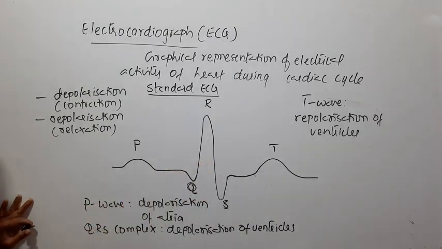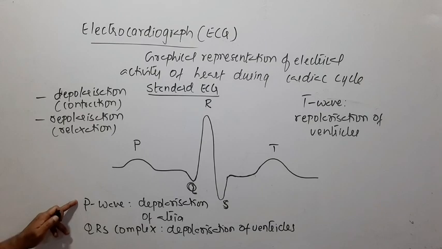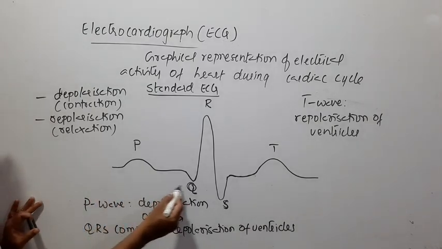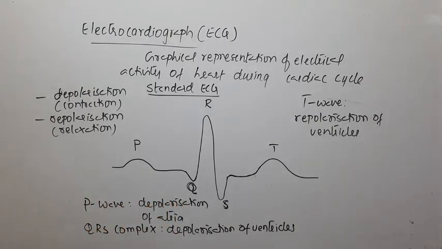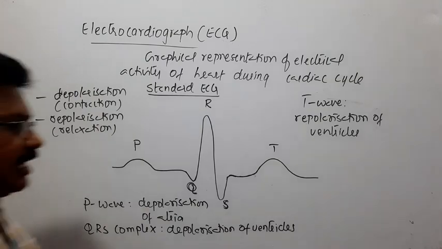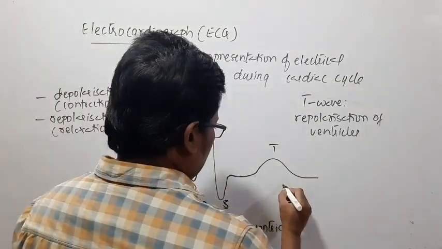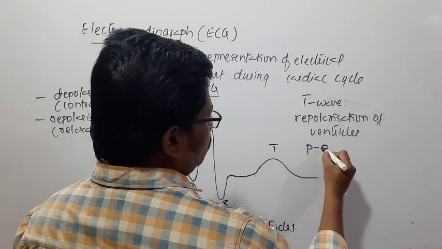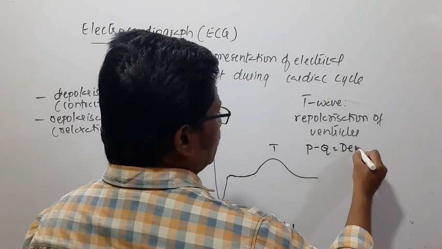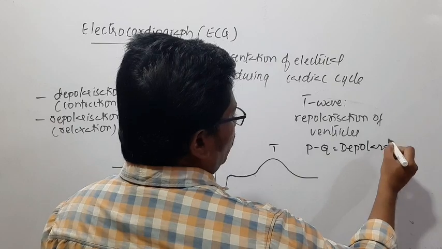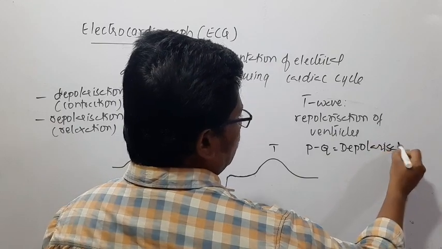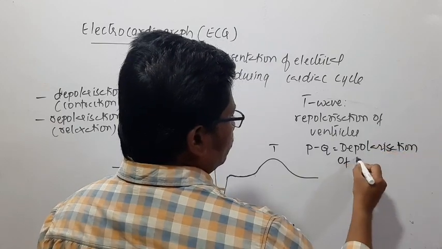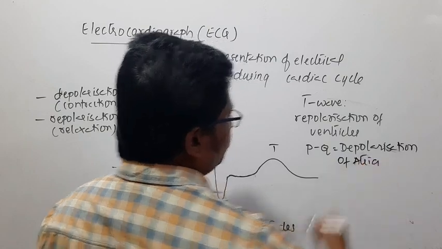Then we'll see in detail a few more points on this ECG. So here from the P to Q, this indicates, as I told, the contraction of atria. I'll mention in detail. P to Q is the depolarization of atria.